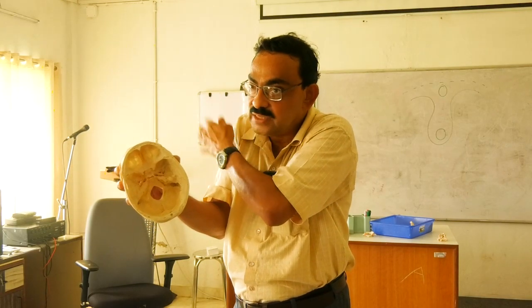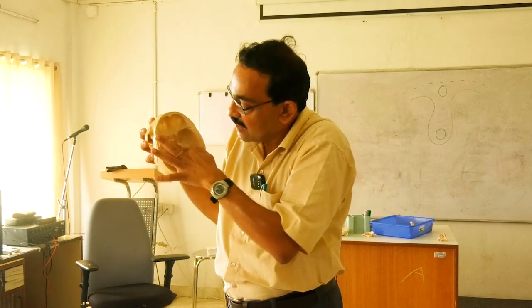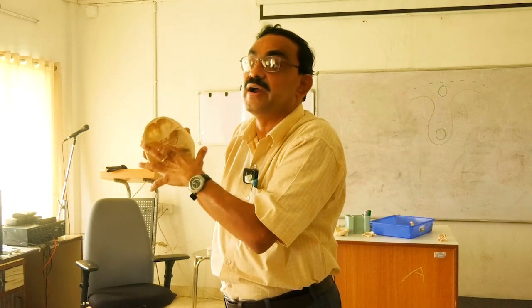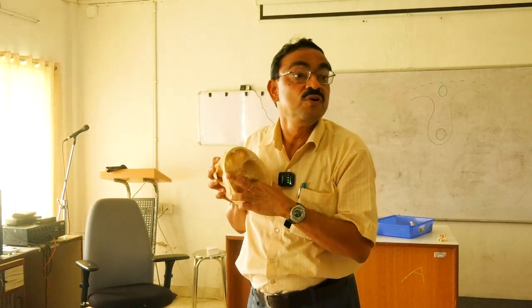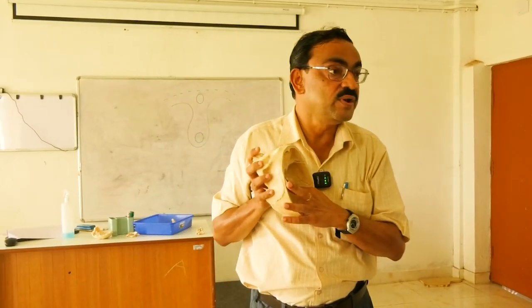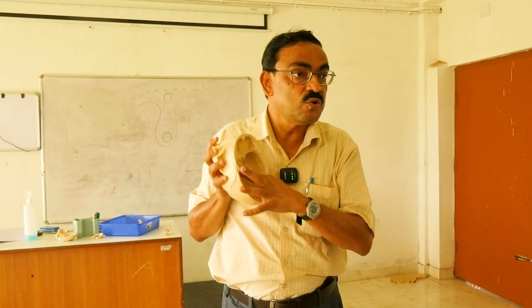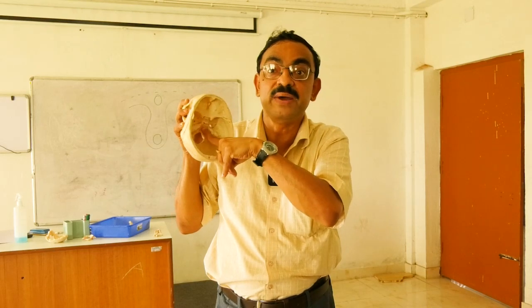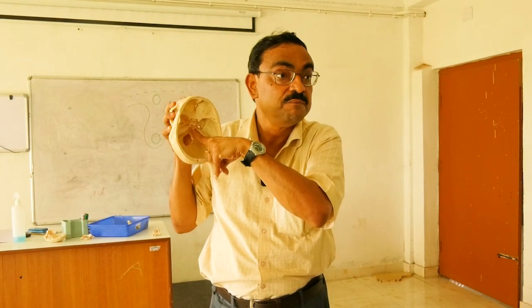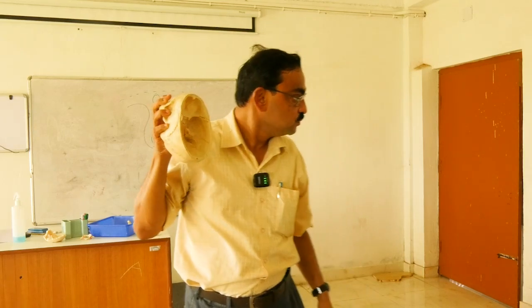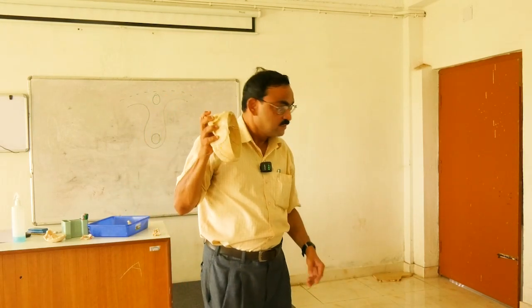Here we also get a primary cartilaginous joint that ossifies at the age of 25 years. So this is a very important example of a primary cartilaginous joint, between the basisphenoid and the basiocciput.